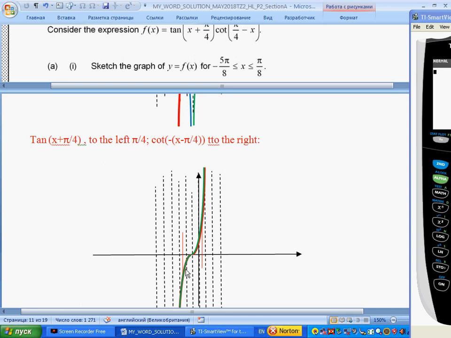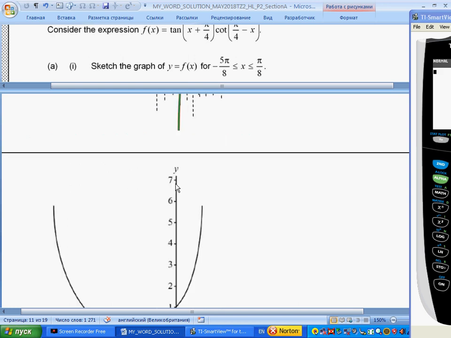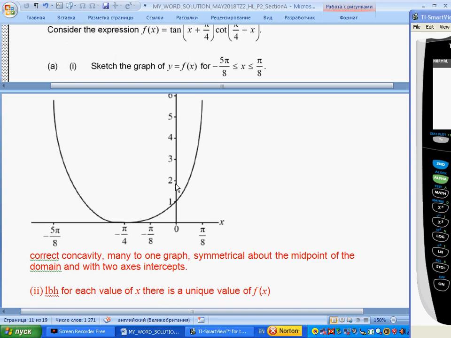As a result, they coincide, and when you multiply them at π over 4, you get 0. Here you get increasing value, and here minus minus also positive increasing value. As a result, you are getting this picture, which is symmetrical, and that's done.